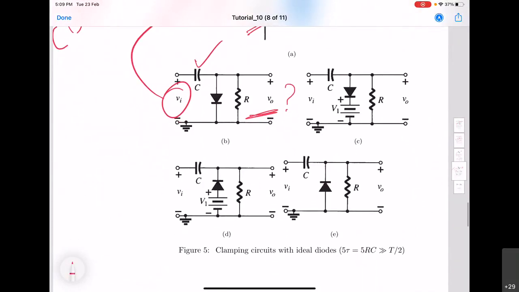So similarly, other circuits can also be analyzed. Now we have additional voltage sources here. In general, there will be three sources: one voltage across the capacitor, the input, of course, and this V1. So we have to find out the cumulative effect of all these across the diode.